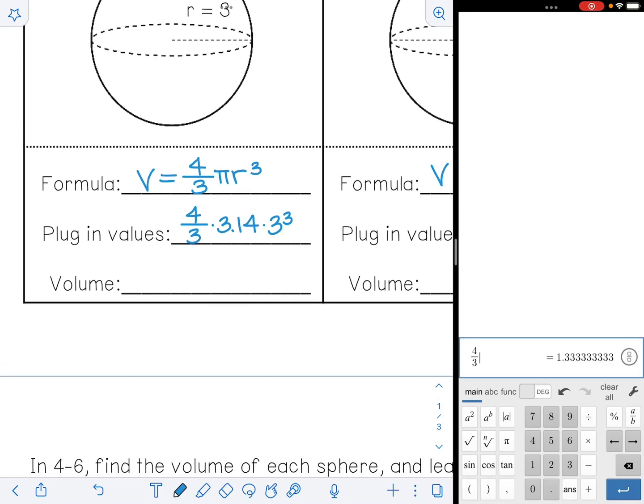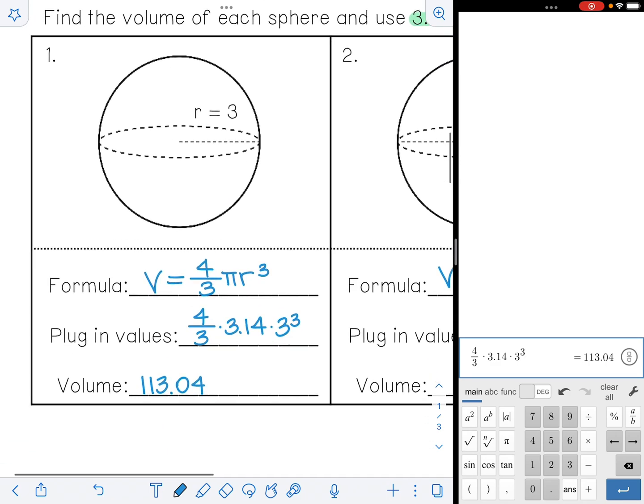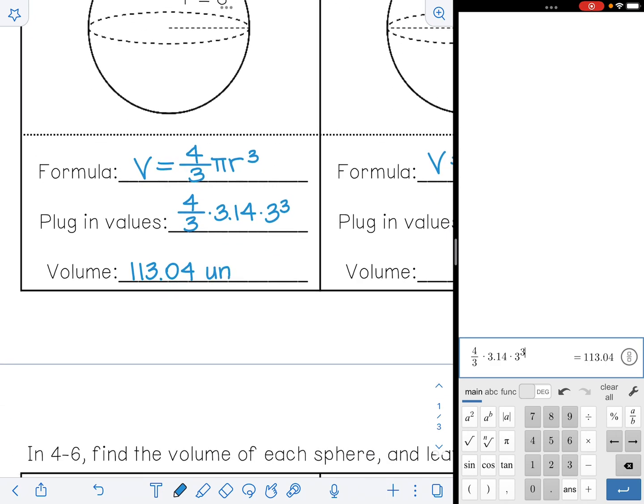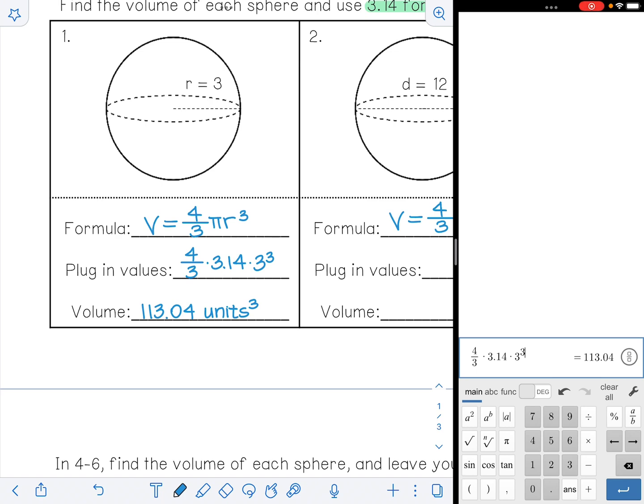So 4/3 would be 4 divided by 3 times 3.14 times 3 to the third power. And we will get 113.04. There are no units here, so we would use units cubed. So same process, just plugging in what we know that we did with the cylinder and the cone, but we only have our number for radius that we're plugging in when we find the volume of a sphere.